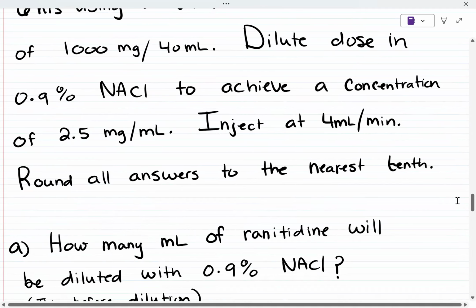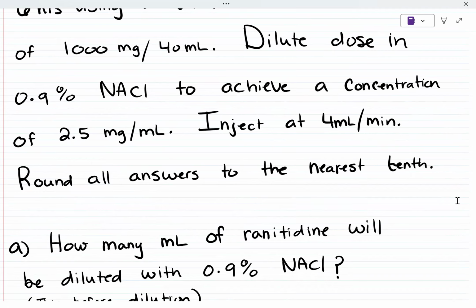So let me read it again. Ranitidine, 50 milligrams IV every 6 hours using a vial with a concentration of 1,000 milligrams per 40 milliliters. Dilute dose in 0.9% NaCl to achieve a concentration of 2.5 milligrams per milliliter.